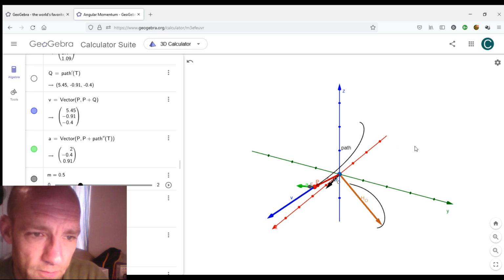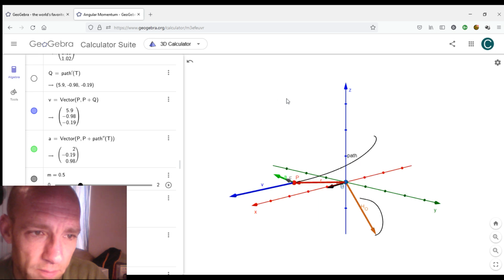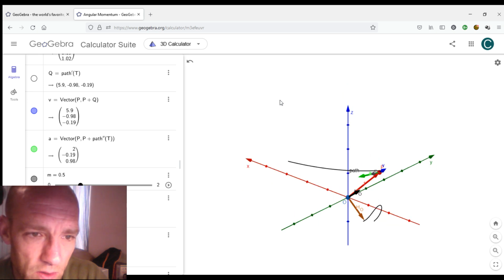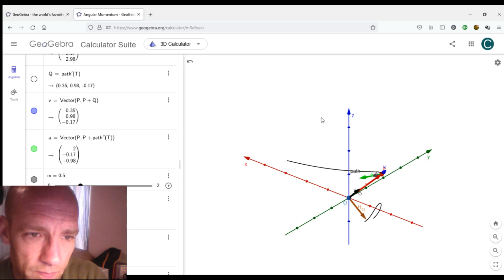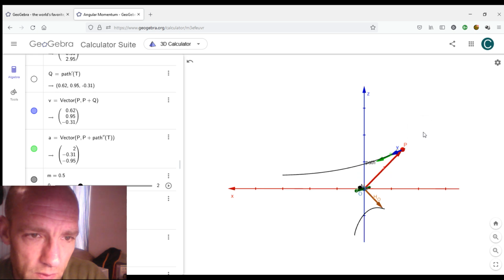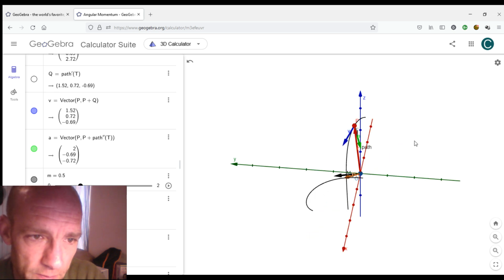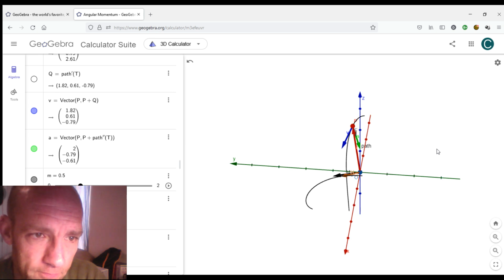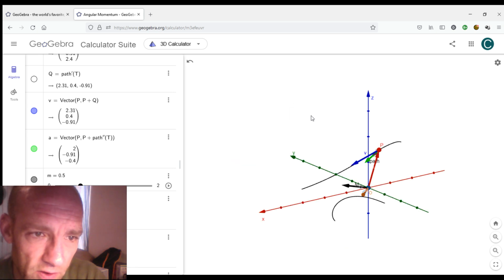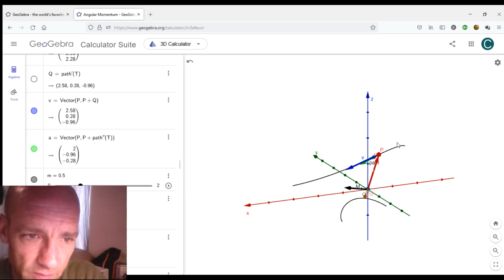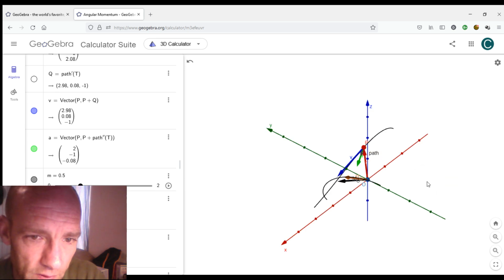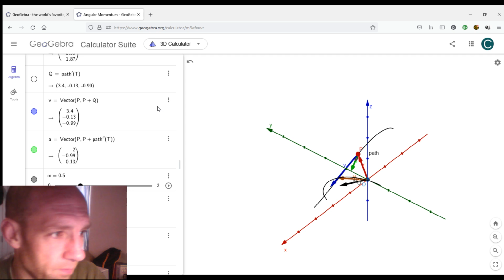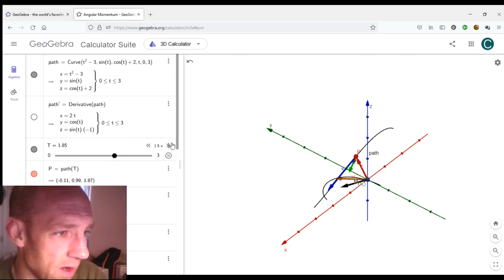Now, the angular momentum is going to be perpendicular to both r. It's because it's r cross v, right? So it's going to be perpendicular to both the position vector and the velocity vector. Here, let's stop the animation.